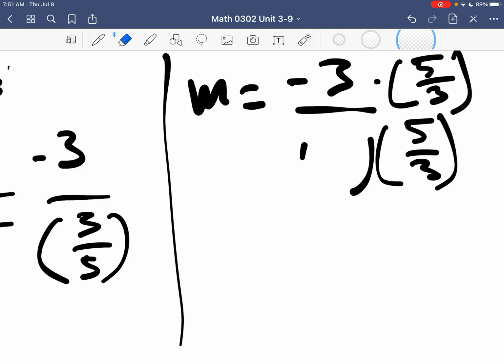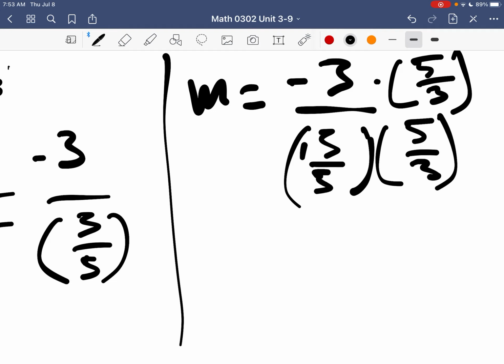Just so we can see everything a little bit more clearly, let me rewrite the 3/5 here so you can actually see what the reciprocal is. By reciprocation, the 3/5 will cancel with the 5/3.